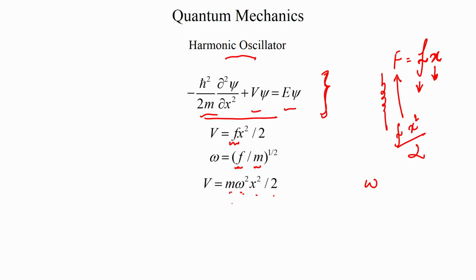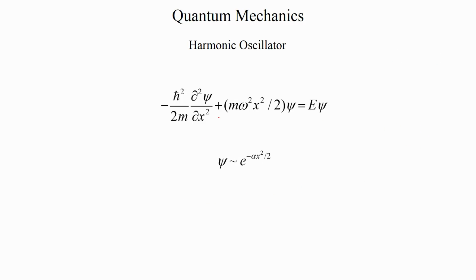So that is my potential energy term. With this introduction, let us use this term for the potential in my harmonic oscillator. So that is Schrodinger's equation, that is V, E is a constant, and that is the kinetic energy. That allows us to write Schrodinger's equation in this particular manner.